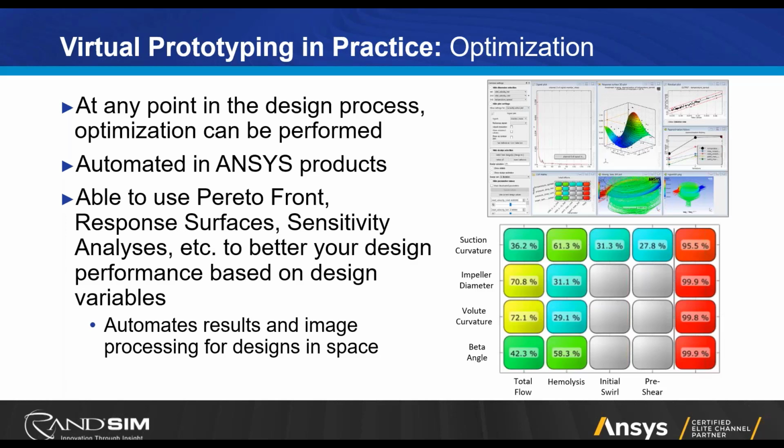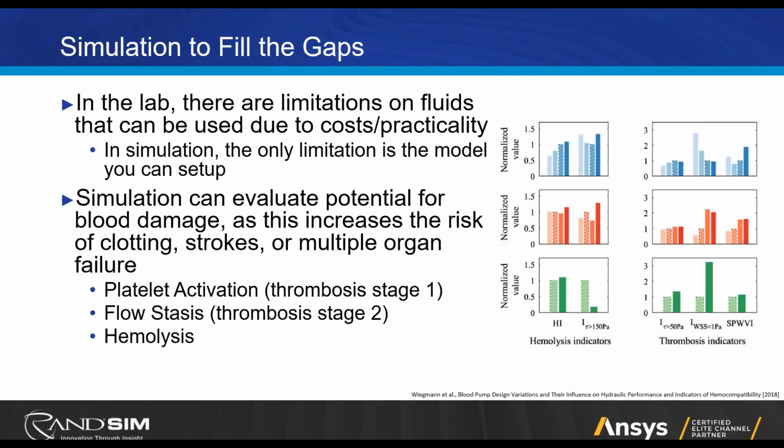Now, another way that simulation can be used, and I've mentioned this a little bit prior, is to fill in some of those gaps where you have issues in the lab. You can't directly test with blood as easily in the lab as you can simulate it. And so simulation will help fill the gap there where cost or practicality in lab settings don't really meet the spec on efficiency for the product life cycle.